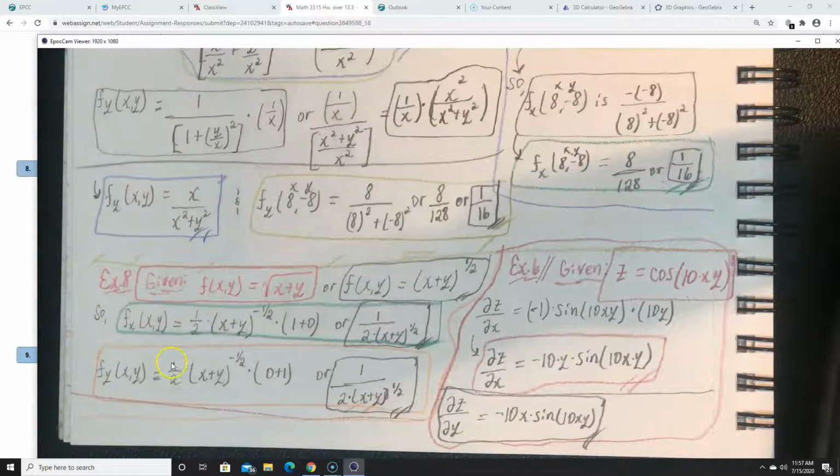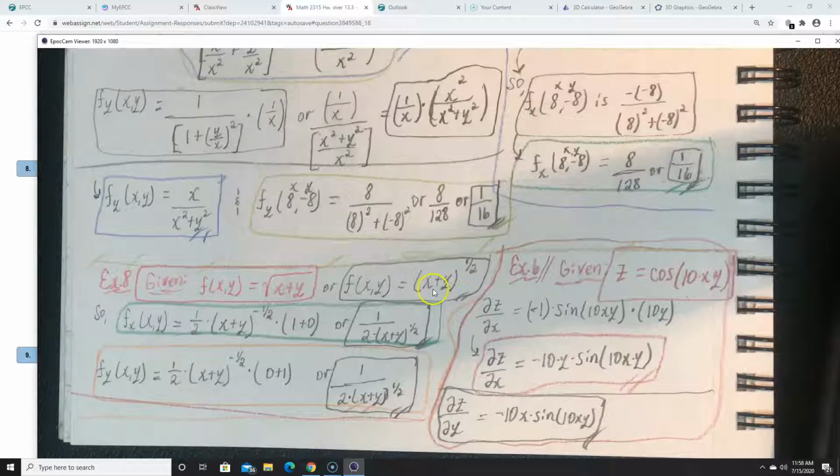Now the partial derivative of f with respect to y, same idea. You differentiate this; it's a power, so you bring down the power again, so it's 1/2 times x plus y, again the same interior function, to the 1 less power, negative 1/2, just like it was up here, times the derivative of the inside expression.